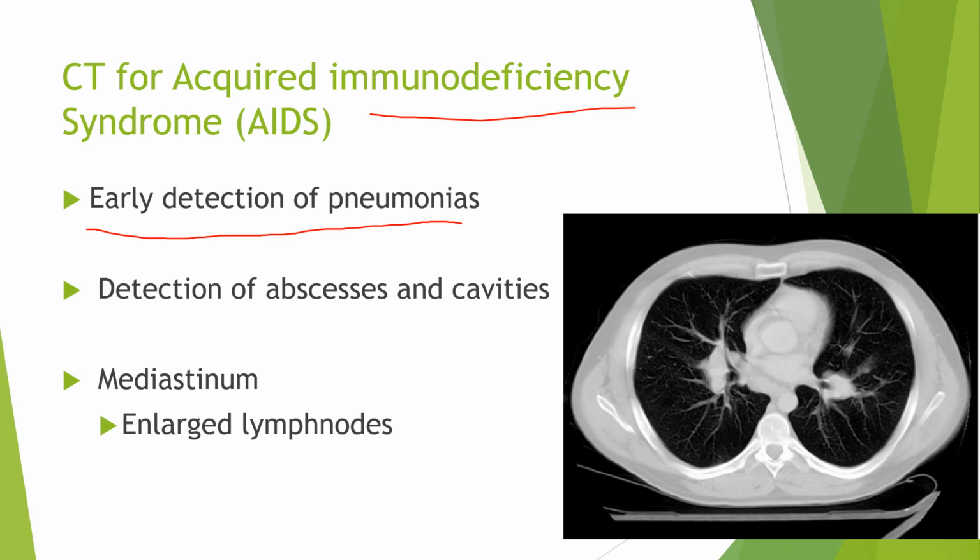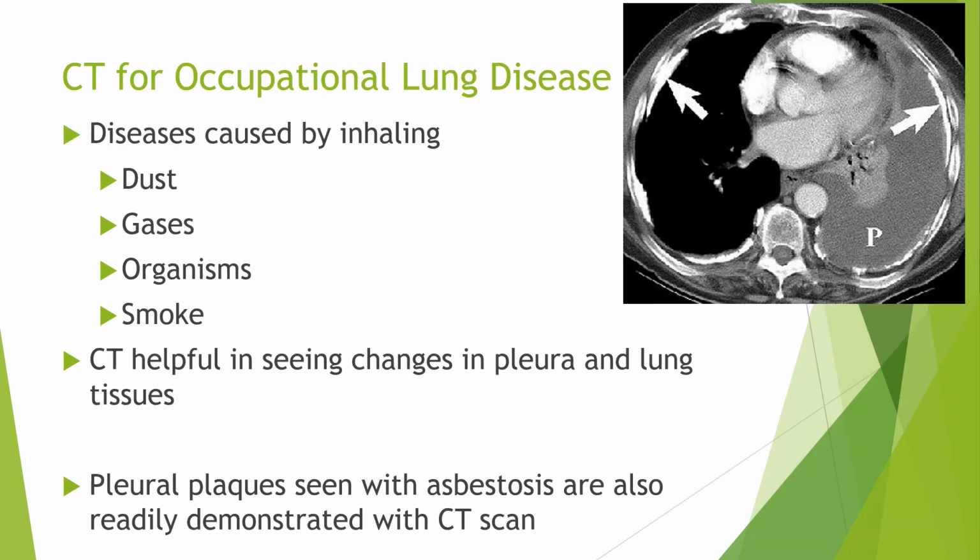So someone comes in that's immunocompromised, they might be able to do this and actually have a lot better picture than an X-ray and see if there's abscesses or cavities starting to form, especially if there's a fungal pneumonia starting to brew. They can also look for enlarged lymph nodes in these patients, so there's a lot more information they can get if some of these acquired immunodeficiency patients are having those issues.